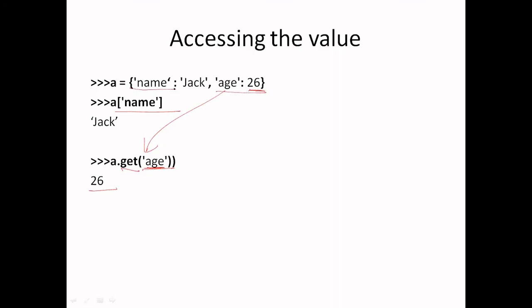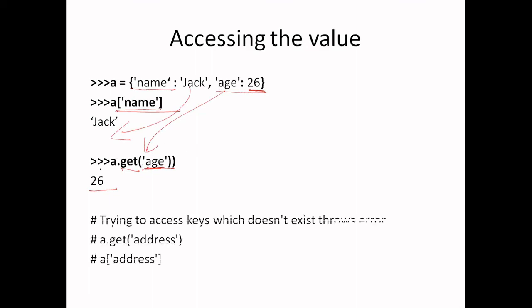And here I have used the subscript operator to retrieve the value, that is Jack. So these are the two ways by which we can access the value part of an element of a dictionary. If the element key does not exist, it will return an error.